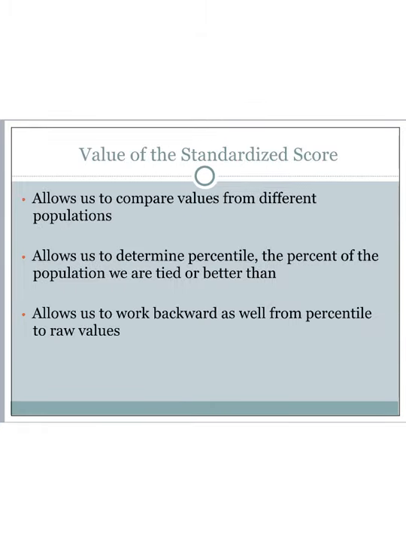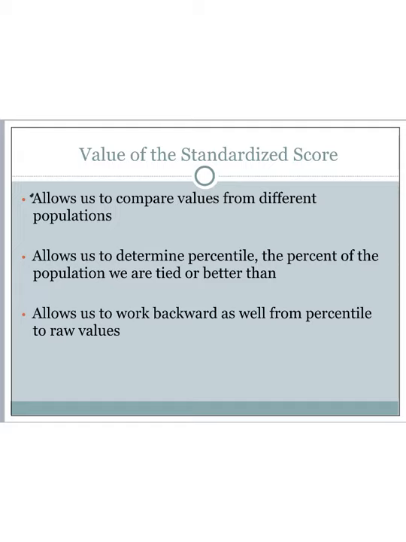Now with the idea of standardized scores, what it allows us to do is a couple of things here. We can compare values from different populations. So for instance, if you took the ACT and the SAT, you could figure out which score was actually better based on which one had the higher z-score.